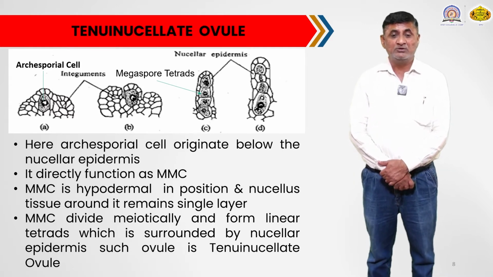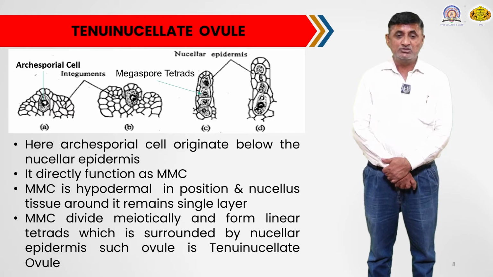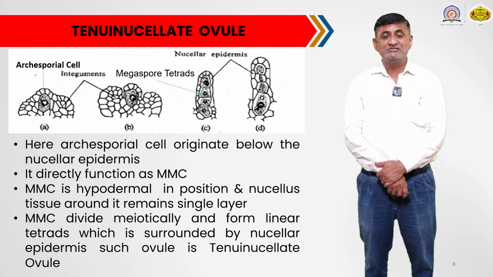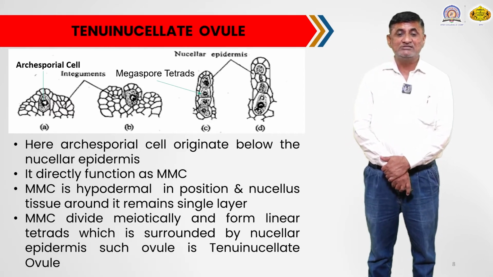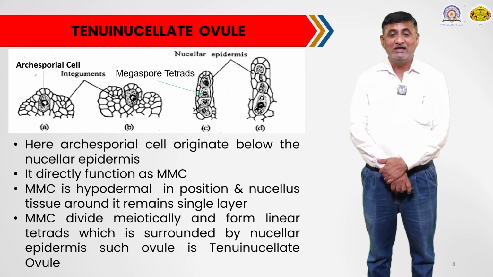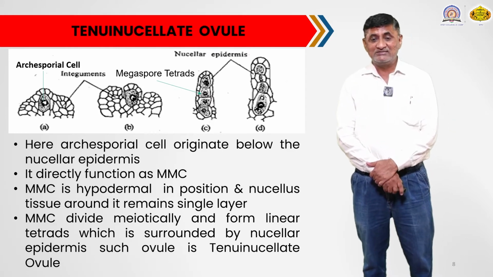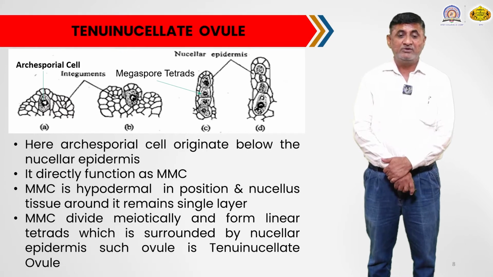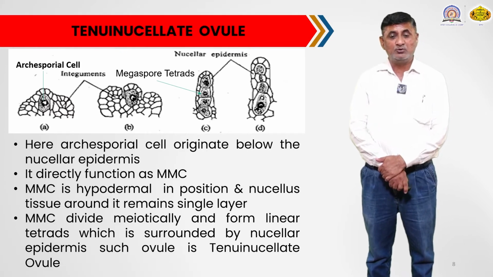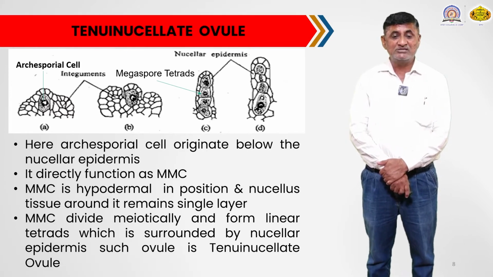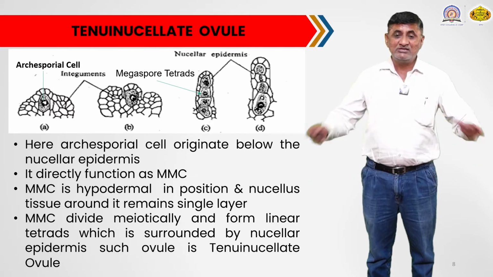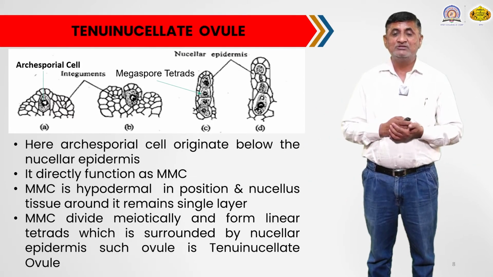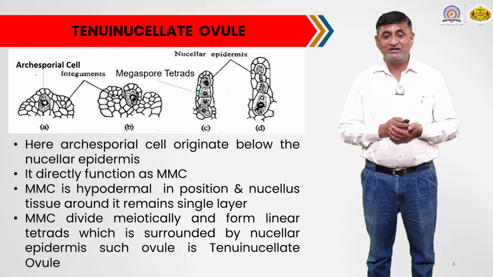This archesporial cell is hypodermal in position, and it directly functions as a megaspore mother cell. In the next stage, this megaspore mother cell undergoes division. The nucellus tissue around it remains a single layer, the nucellar epidermis.